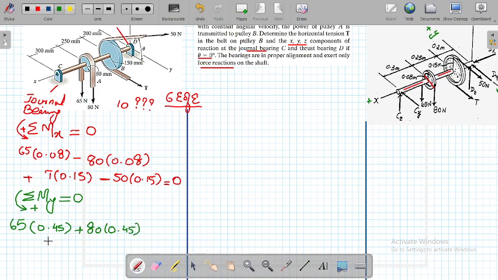We can write it as 65 into 0.45 plus 80 into 0.45. Okay, and why are these moments positive? That is the next question in all of our minds.